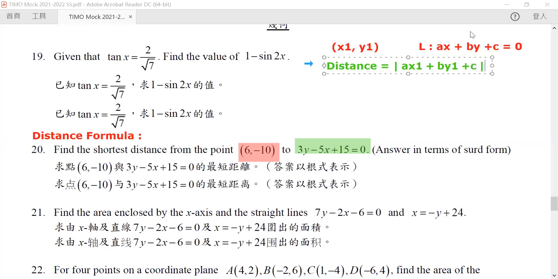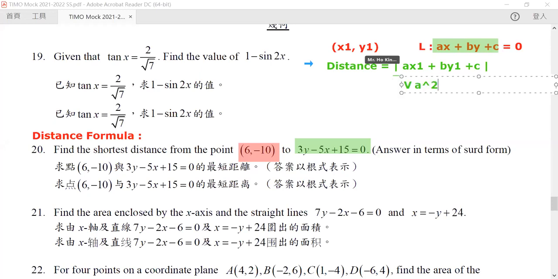So we are just getting the expression for the linear equation, but then we need to divide it by something, which is the root of a squared plus b squared.